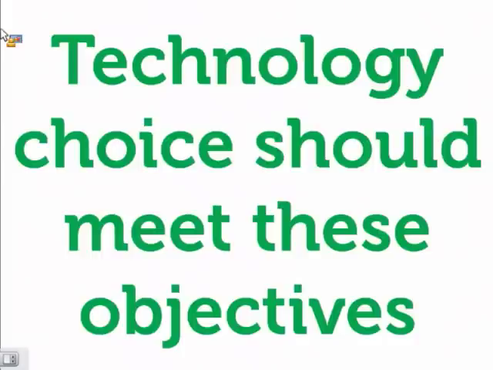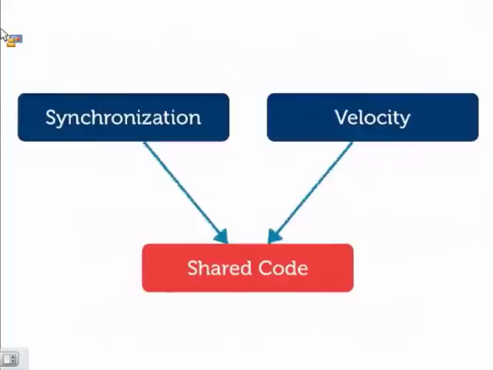So you should be thinking there are real user benefits to being able to deliver quick features that are synchronized across platforms that go beyond just your ability to save development costs, right? Saving development costs is a nice thing, but the user benefits a lot from using a strategy along these lines as well.